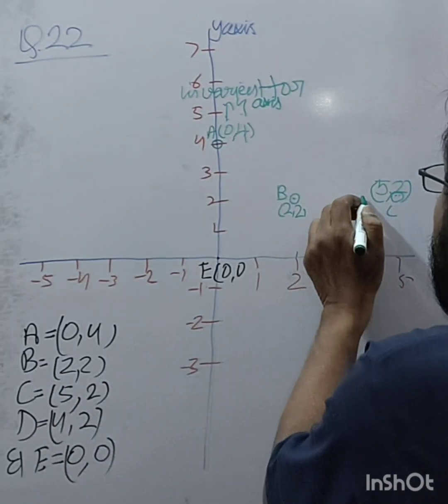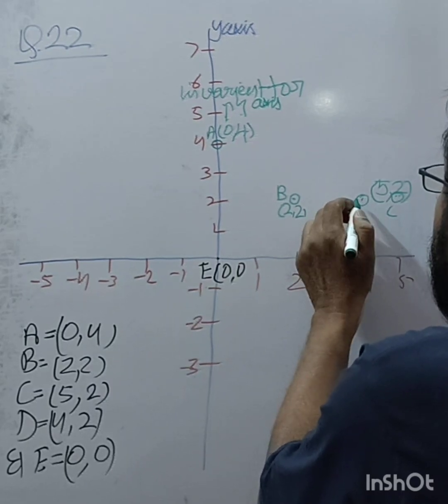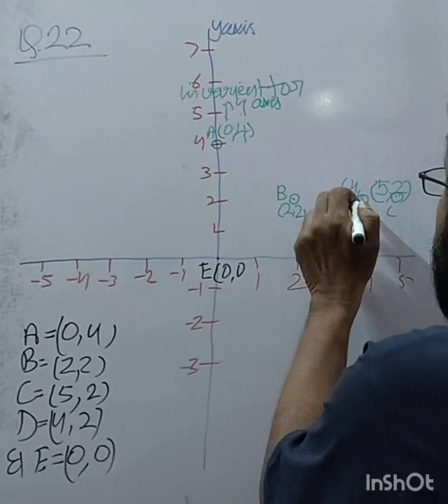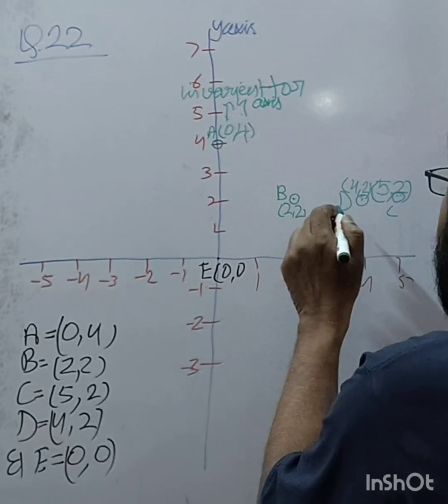So this is like here, 4 comma 2. This we have D.